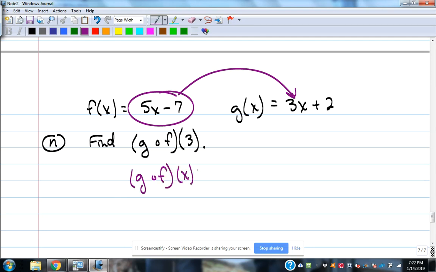All right, so I'm going to go ahead and just find the composite function first. 3 times 5x minus 7. We're replacing x in g of x with f of x, with 5x minus 7. That would be 15x minus 21 plus 2.